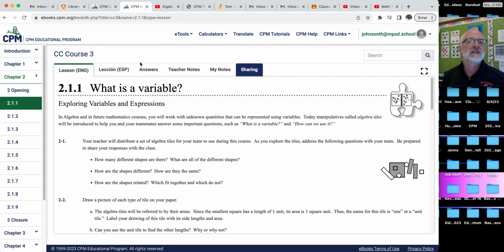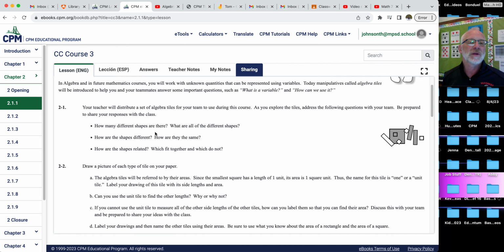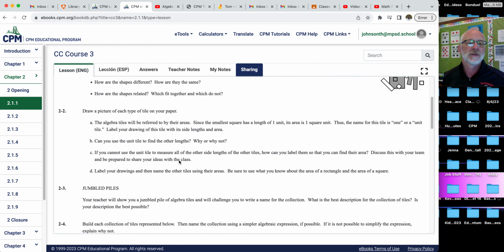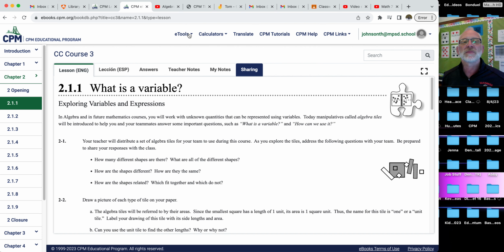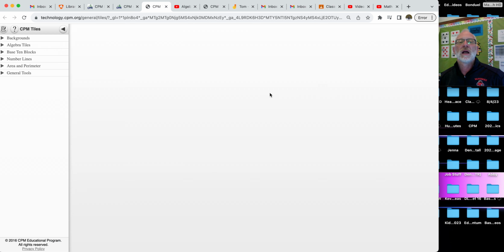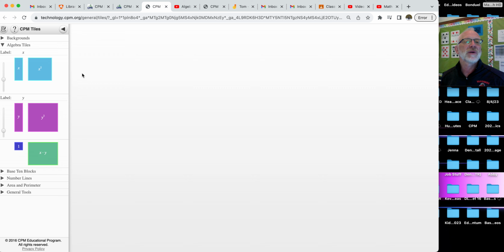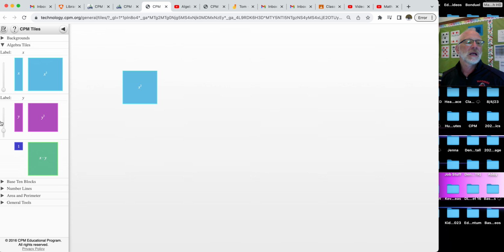Then we had the kids open up their algebra tiles. We went up to eTools, and up here we pulled in algebra tiles. And then we just started playing.